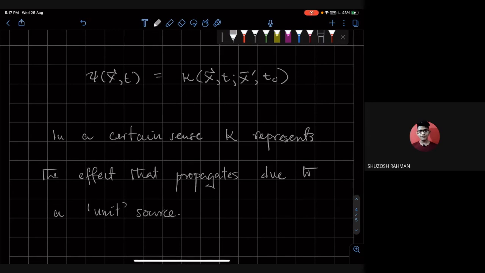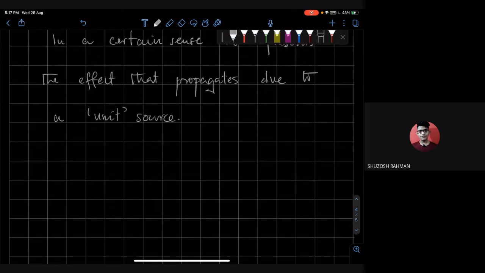And you can show that, and this is something I'm going to leave as an exercise for now. It's very instructive to show.